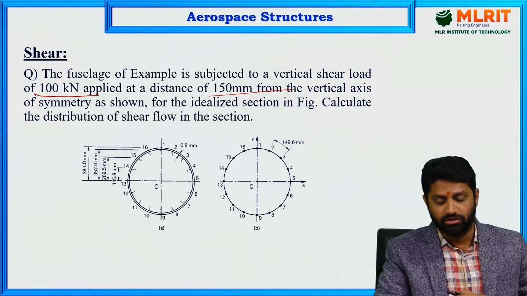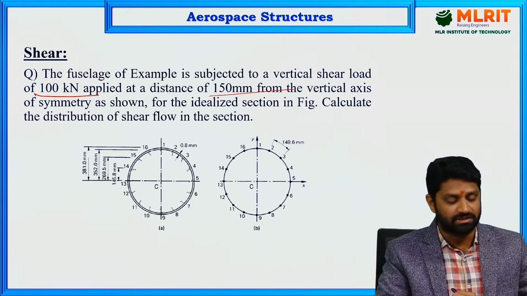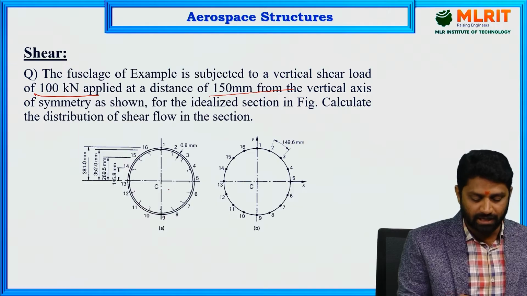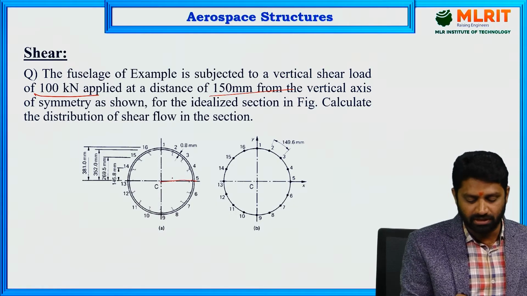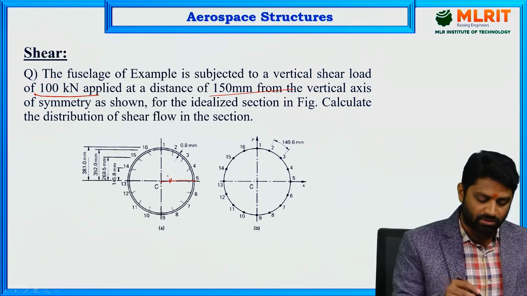Okay, so if you look at this problem, the previous diagram is also looking similar, and this diagram is also looking similar, but the thing we need to understand here is that 100 kilonewton is applied at a distance of 150 mm from the vertical axis of symmetry. So if this is the vertical axis of symmetry, and we know that the radius is 381 from here to here, somewhere here is the vertical shear load that is applied.